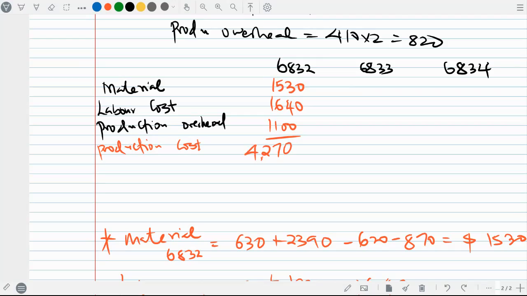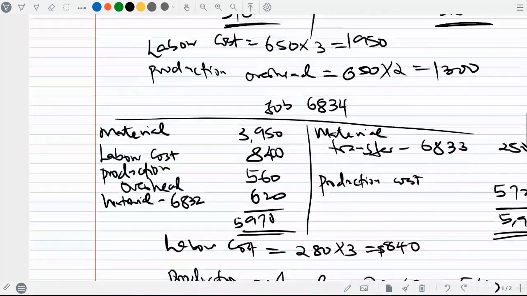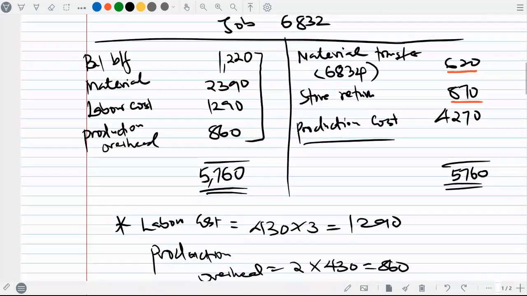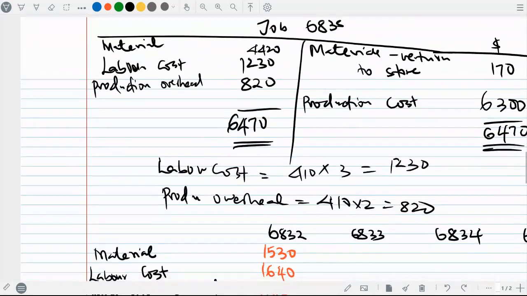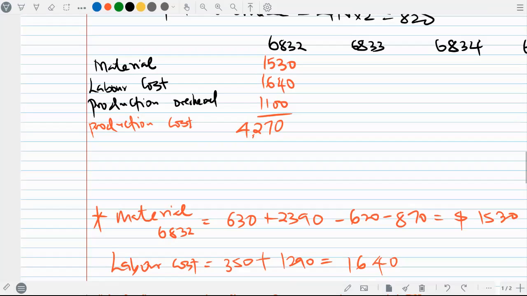Don't forget this is what we also had in our account here, 4270. Next there is some admin cost you need to add. The admin cost is 20% of the production cost.